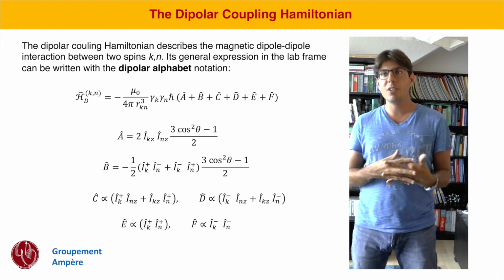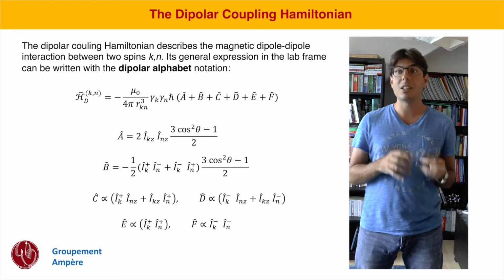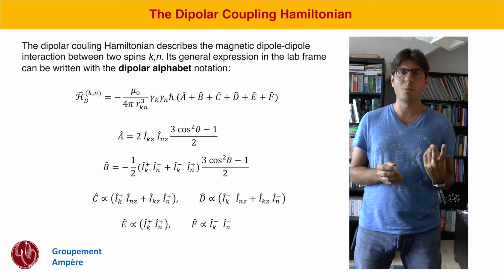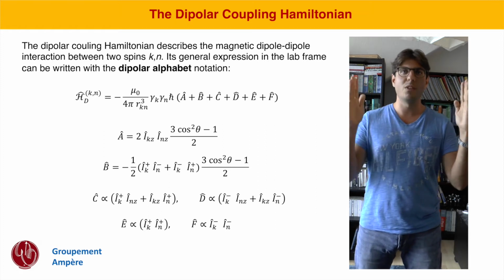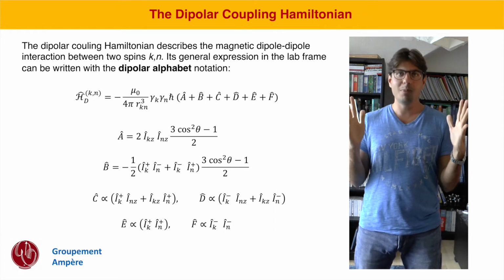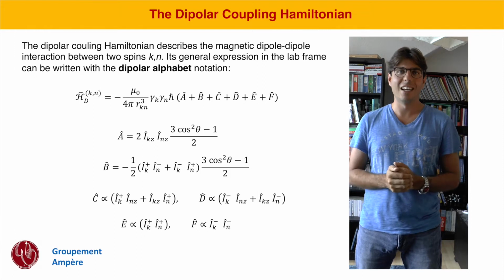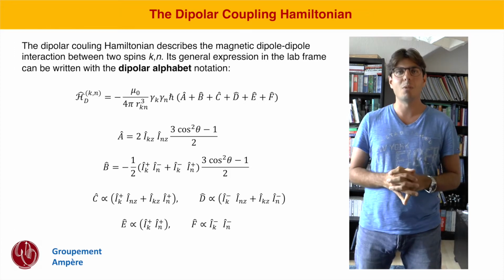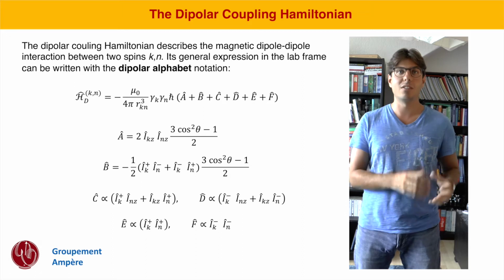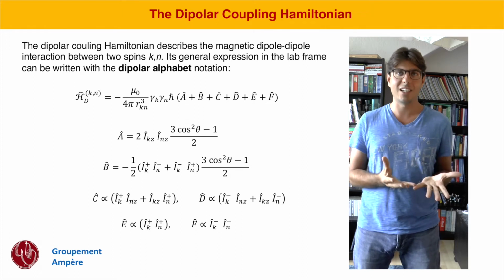The situation looks different for the A term, because the A term contains two IZ operators. Both IZ operators for both spins will not be affected by our interaction frame transformation. They will not pick up a time dependence, so we have to keep them as a secular term.